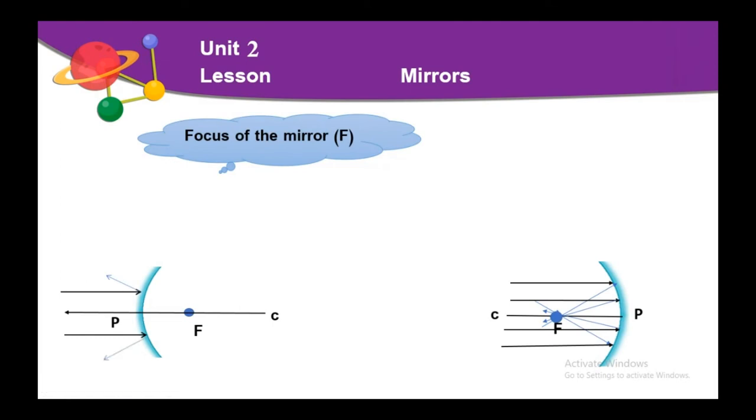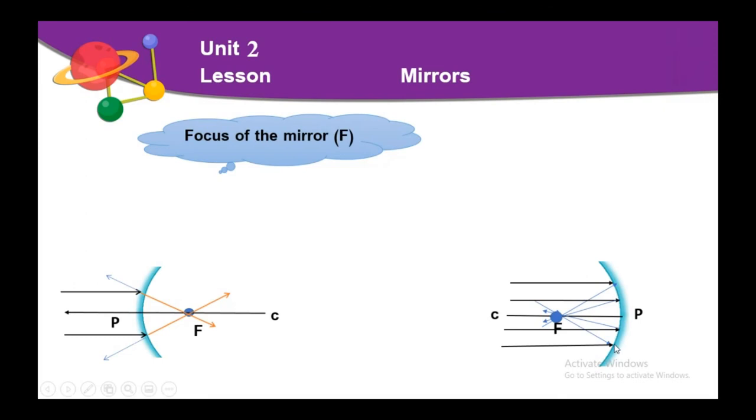What will happen if we make an extension of the reflected light rays? They will be collected at a virtual focus. You have two types of focus: virtual focus and real focus.